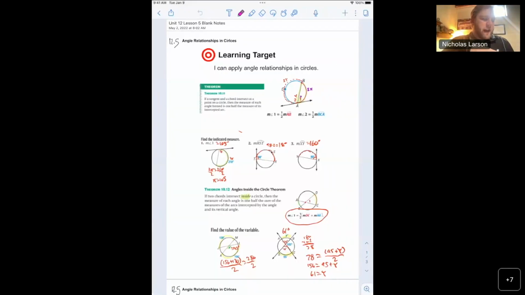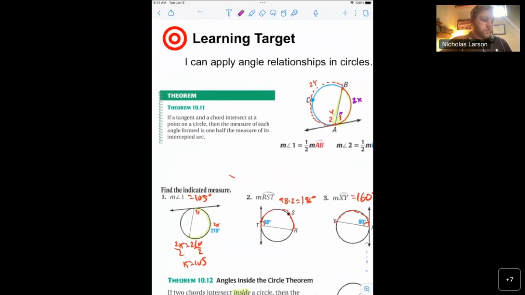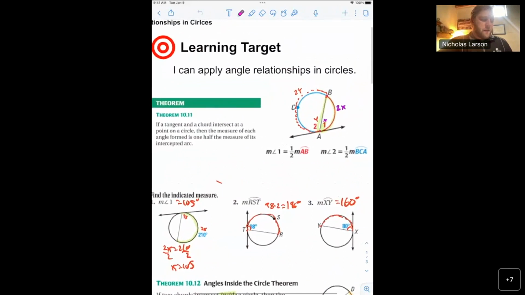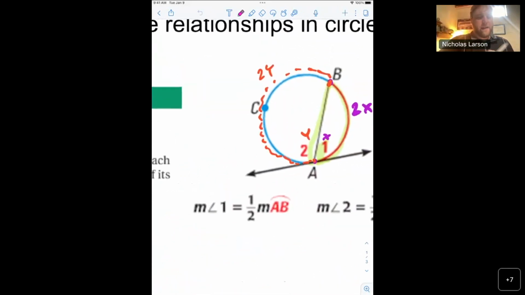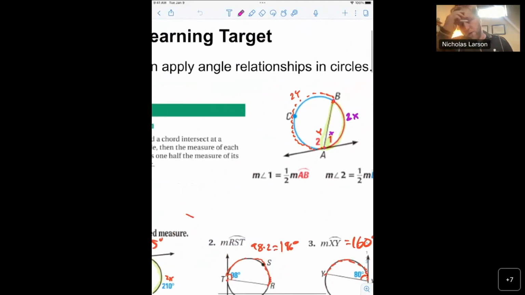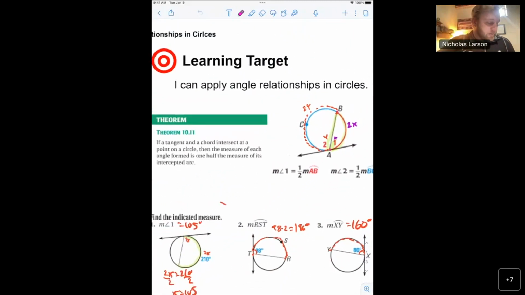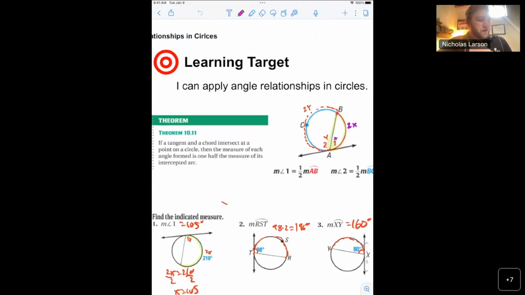Lesson 5, looking at angle relationships. In this example, if a tangent and a chord, so tangent touches my circle one time, a chord is what connects these two points. A chord doesn't go through the center. Then the measure of each angle formed is 1/2 the measure of its intercepted arc.